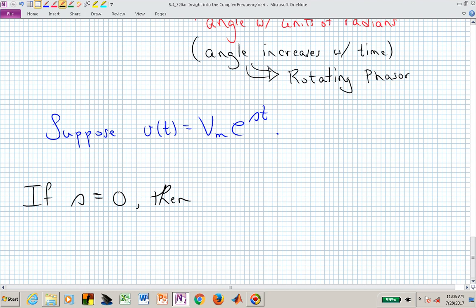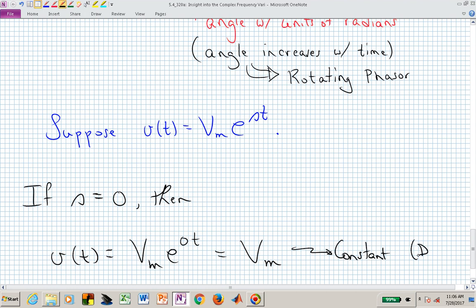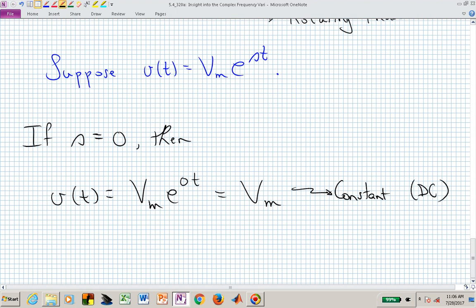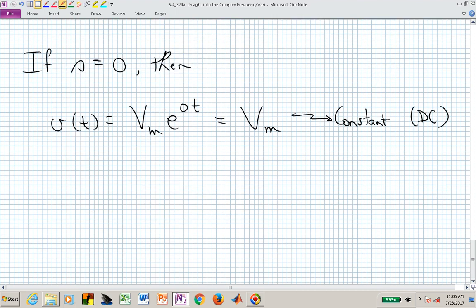If s is equal to 0, then we can rewrite v of t as v sub m e to the 0t, but now with an exponent of 0, e to the 0 is 1. This now gives us v of t, this time domain waveform, is no longer a function of time. This is now constant, or dc. We have a waveform now that's just constant when we had s equal to 0.